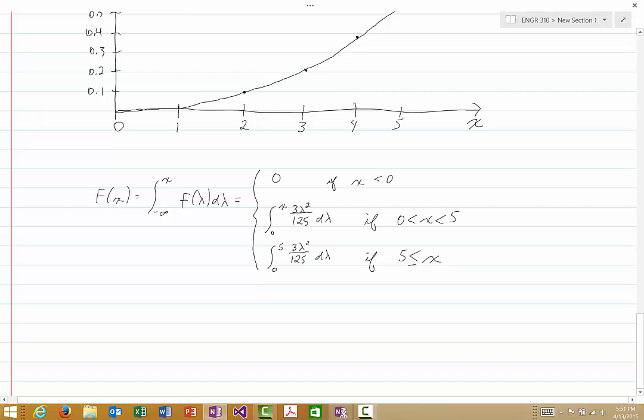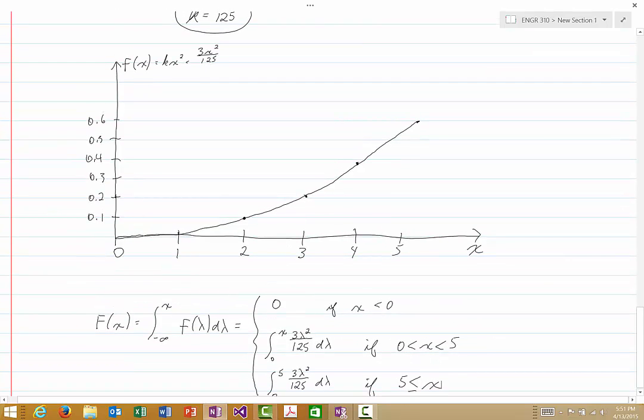Okay, so as you can see from the way that I've broken this up, when you're trying to evaluate this integral, it's important to note where x is. If x is over here to the left, then remember little f, although we haven't shown it on the graph here, is equal to 0 everywhere over here to the left.